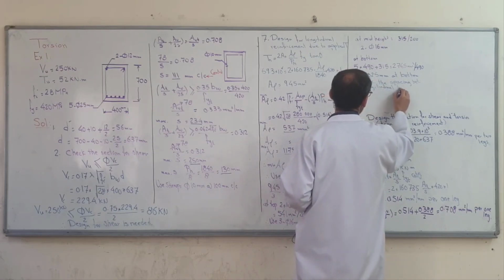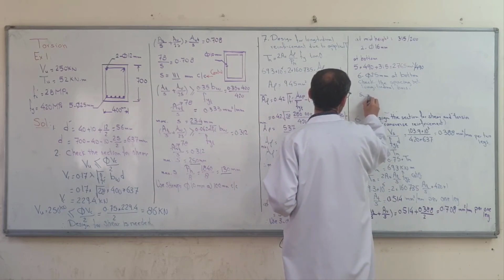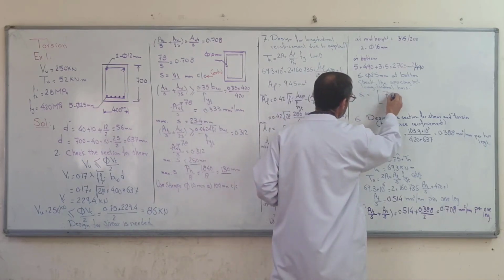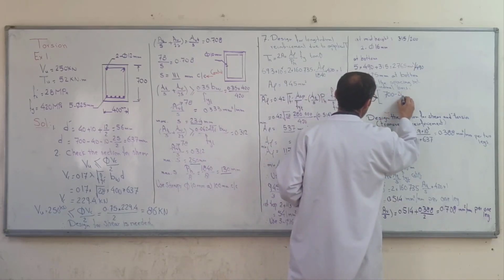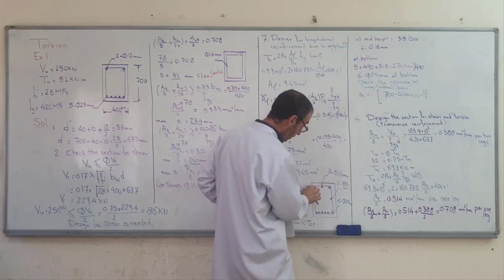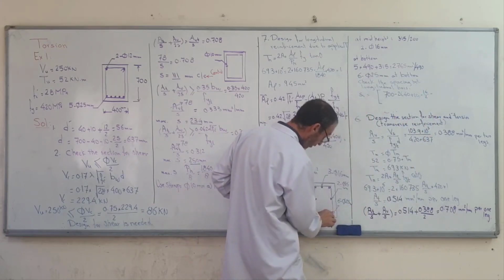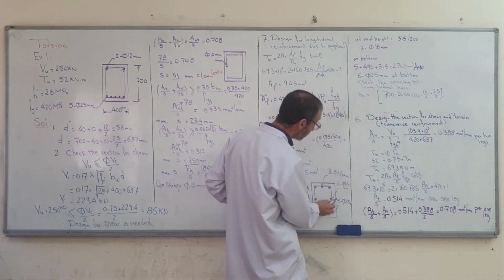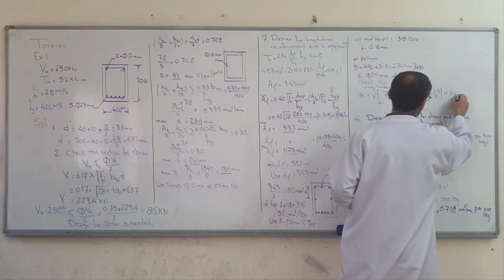S1 is equal to this distance 700 minus cover at top, 2 times cover plus 10 stirrups minus 12 over 2, 16 over 2, minus 25 over 2, divided by the number of spaces.